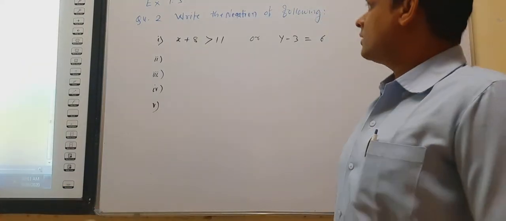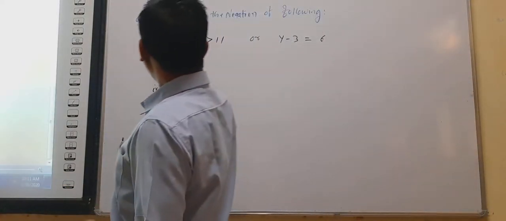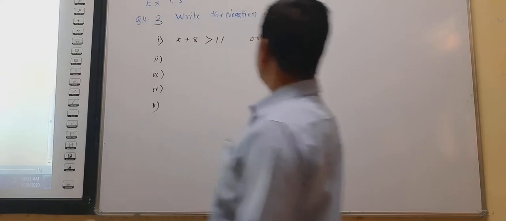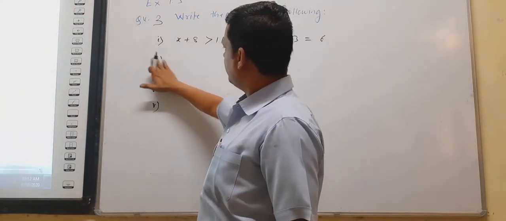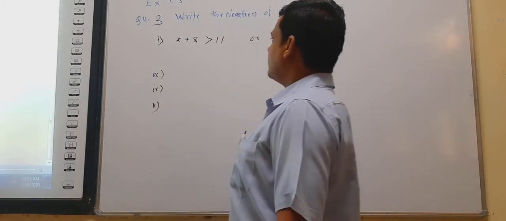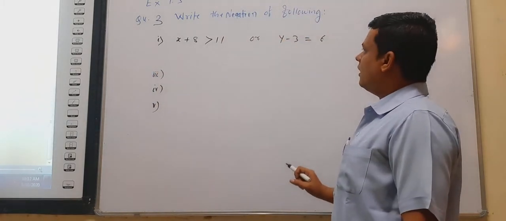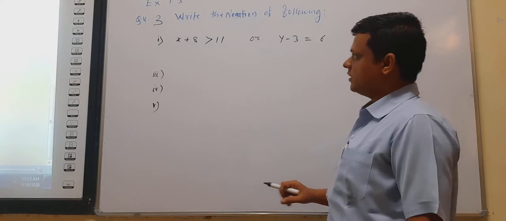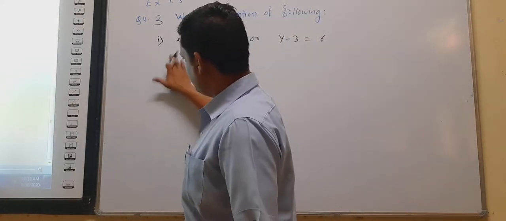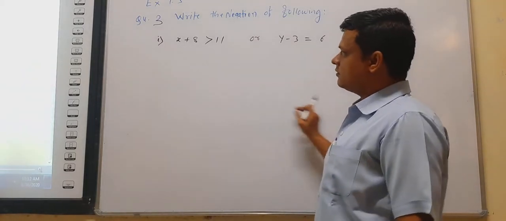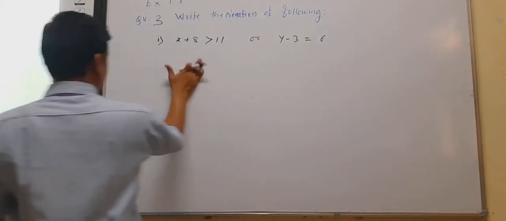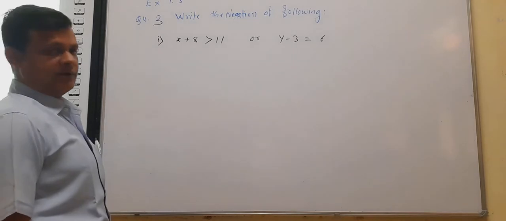Now question number 3. Write the negation of the following. The first statement is x plus 8 greater than 11 or y minus 3 equals 6. We discuss negation of disjunction. So we write the given statement in symbolic form first.